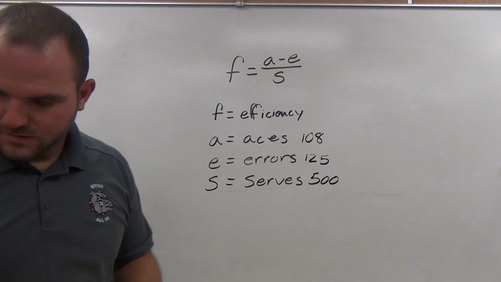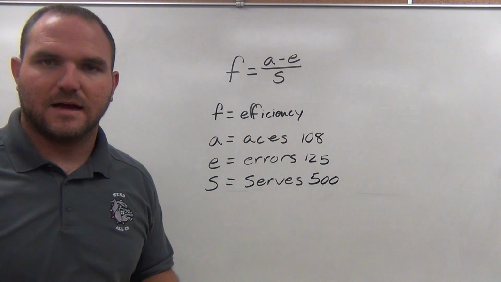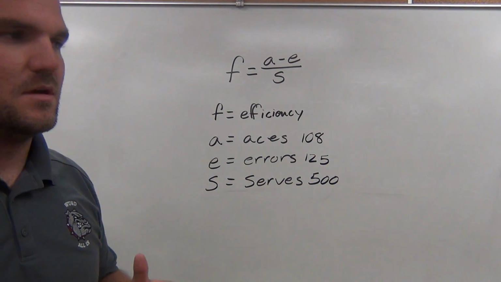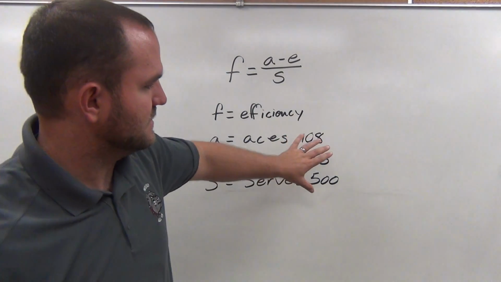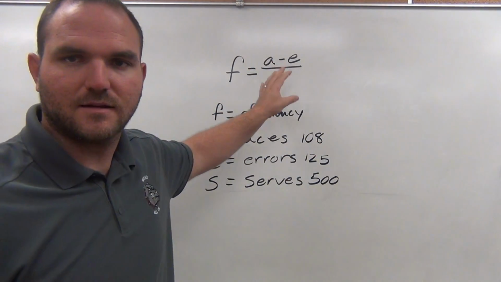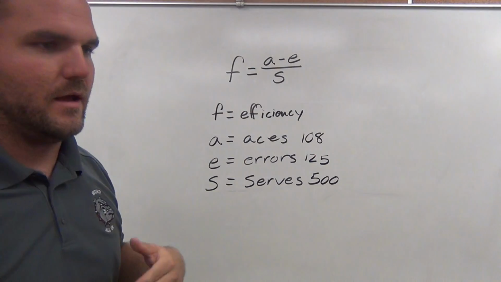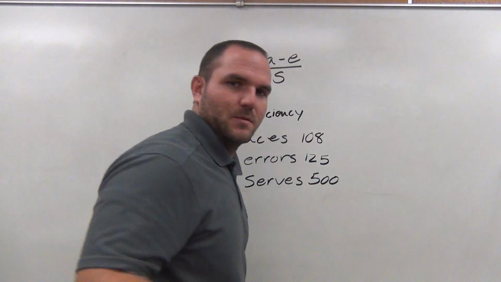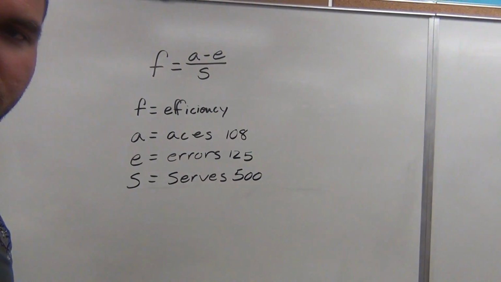Okay, so now working with the algebra, we have numbers that represent those letters. And so all we have to do is take these numbers and plug them into that type of formula right there and then solve.